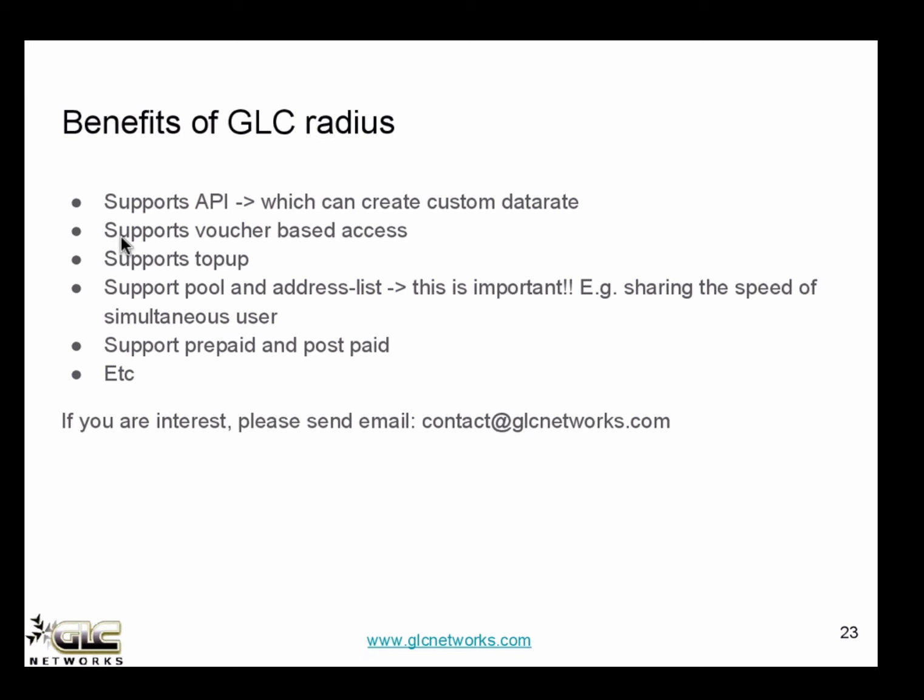So if all of them are downloading at full speed, the total will be 40 megabit per second. With the address list and pool, we can set that this 10 megabit per second will be shared among these 4 users. So we are not only sharing the quota, but also the data rate.